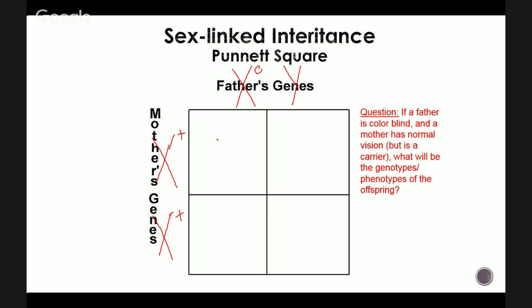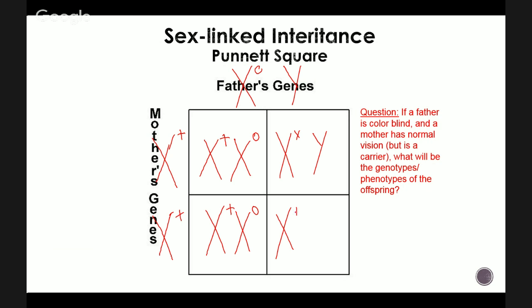Father was colorblind. Yep, so the daughter was a carrier. So then mother carried that allele, this one.